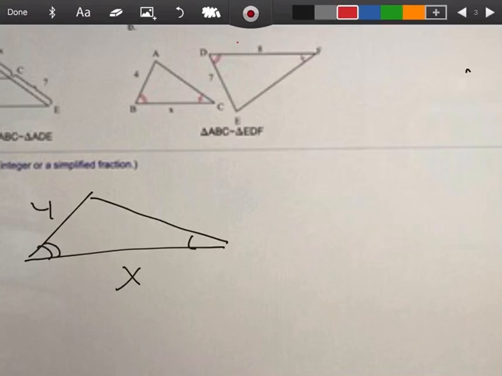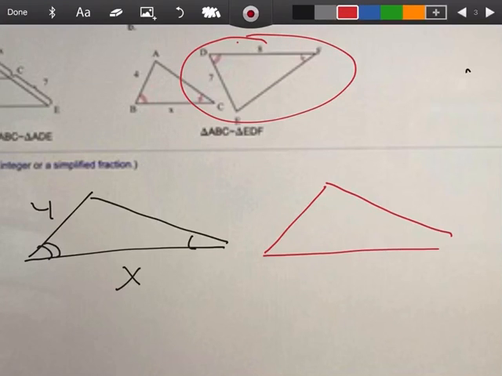If you look at, say, this triangle, it's kind of flipped over. So I need to kind of do this number to it. Okay, and here's my double little line there, and here's that single one here. So now this side here is 7, and let's see, this side over here is going to be 8.